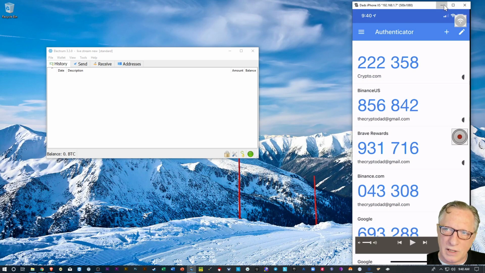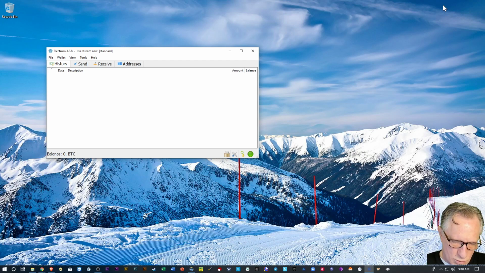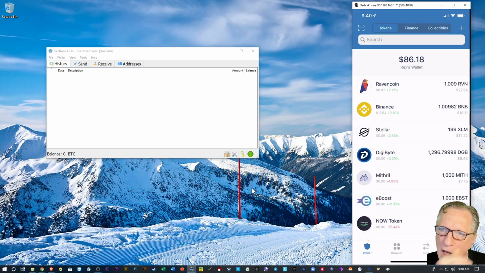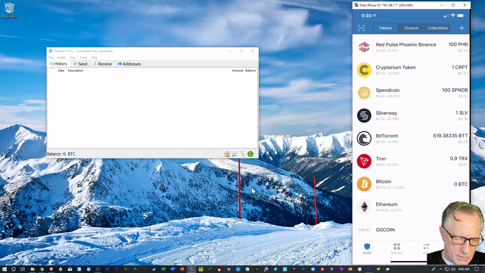But let's take a look at Trust. All right, so there's the Trust wallet. Now, the Trust wallet can hold a lot of different types of cryptocurrencies, right? We've got Bitcoin, Ethereum, Tron.